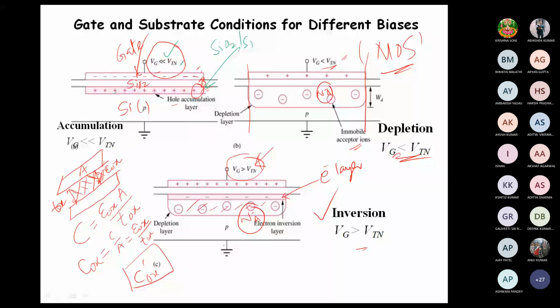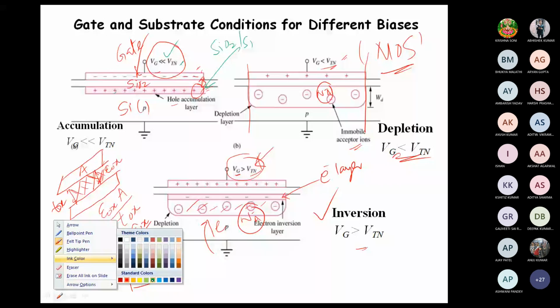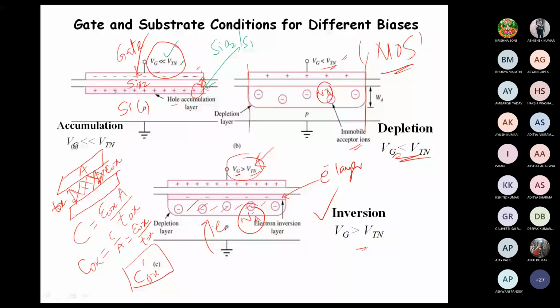As we apply a gate voltage greater than threshold voltage, electrons are attracted from the substrate and are collected at the interface.